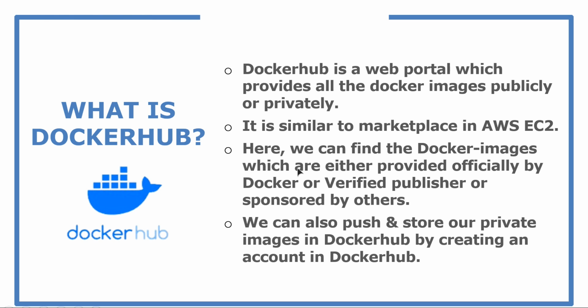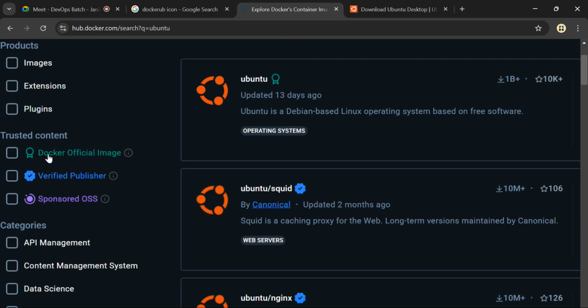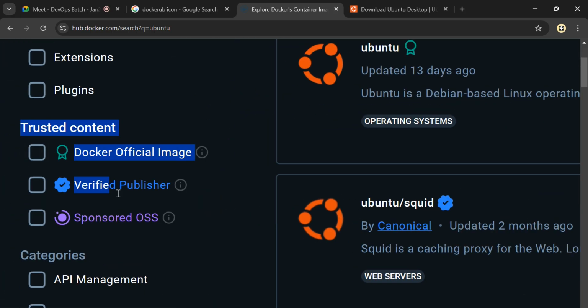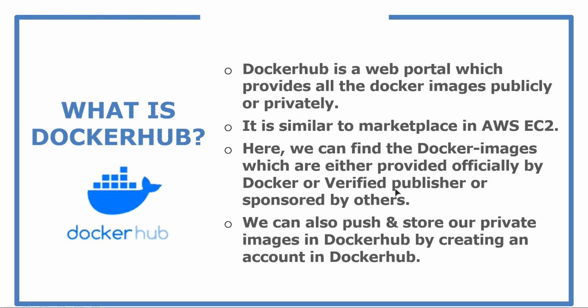In Docker Hub, you can find images which are officially provided by Docker, or by a verified publisher, or which are sponsored by others. This entire content is trusted. Either the sponsored, verified or Docker images, these three categories are the trusted content. So use these trusted images only.